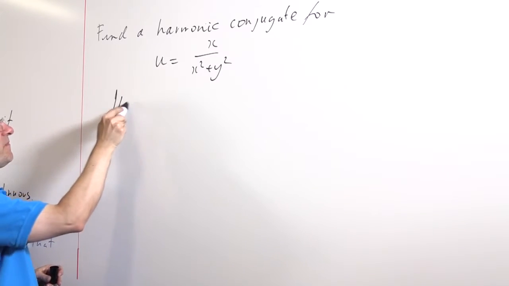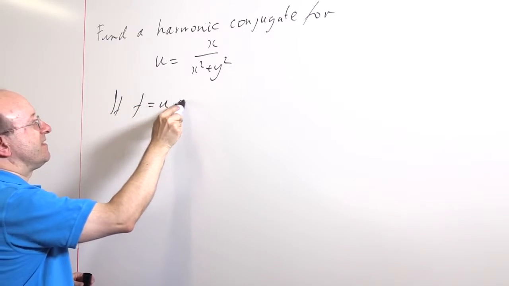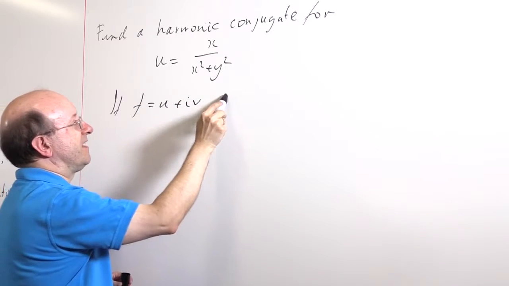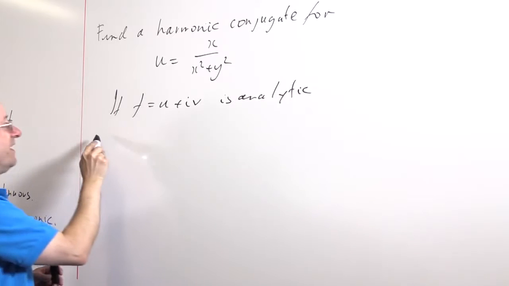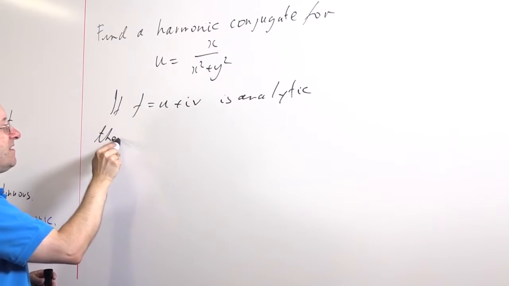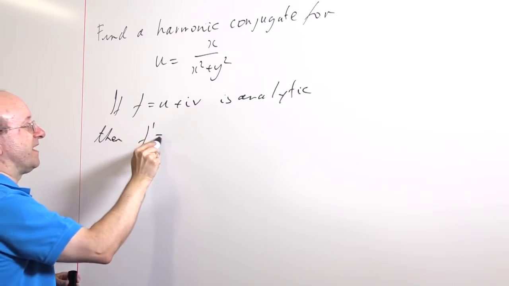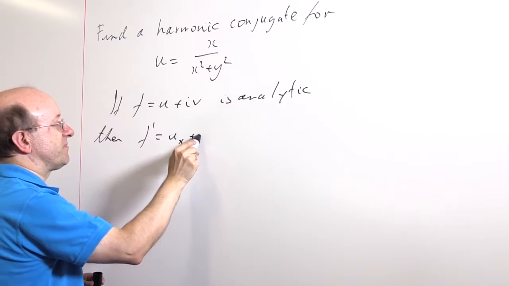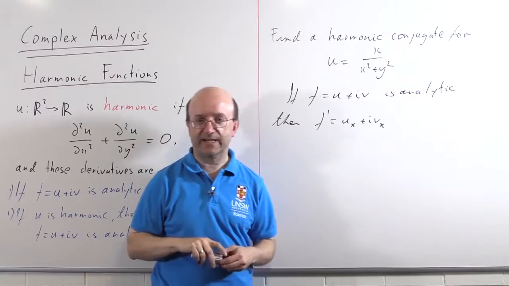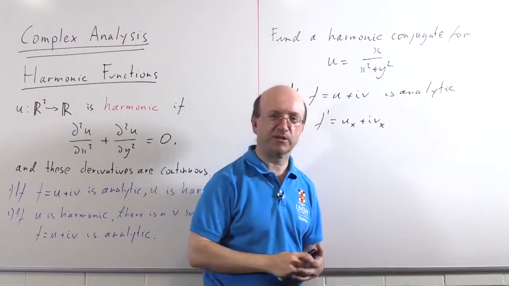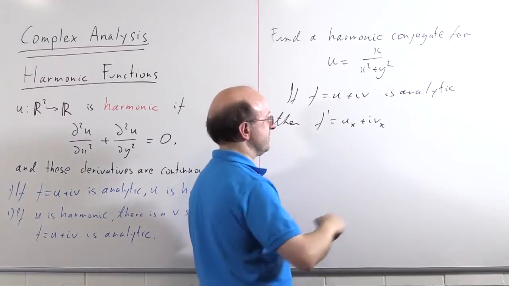If f is u plus iv and is analytic, then its derivative, f dashed, is ux plus i vx. Well, that's also analytic. That's the result you come up with later on in the course, perhaps.